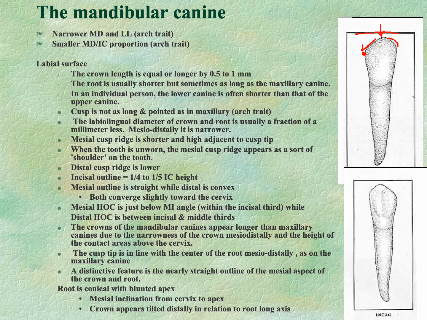The mesial height of contour is just below the mesio-incisal angle within the incisal third, as you can see here, while the distal one is between the incisal and middle thirds. The mesial outline under the contact point is straight, while it's convex distally.